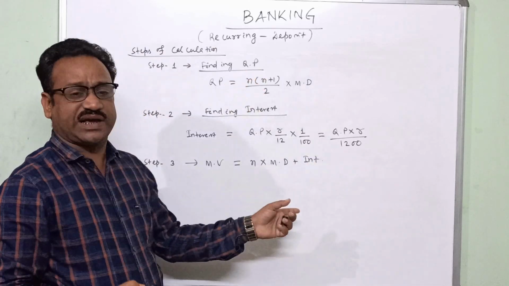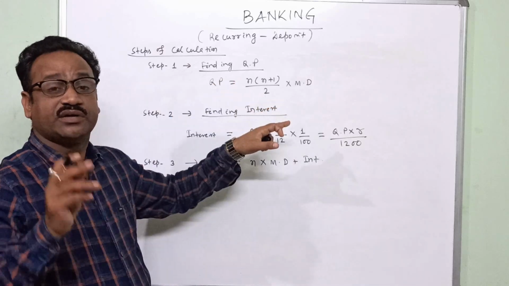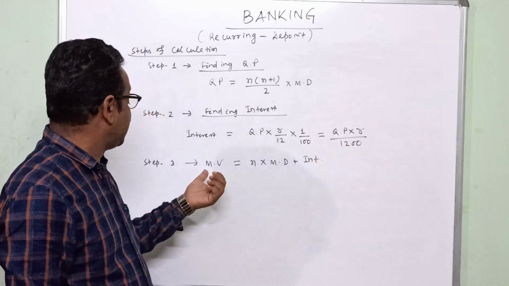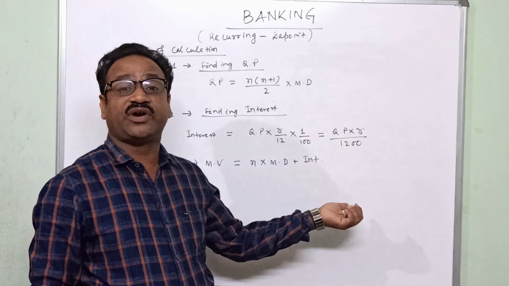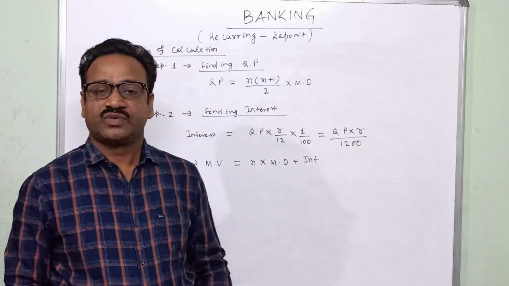In each step there is 1 mark. In step 1, finding QP, 1 mark will be awarded. Finding interest, another mark will be awarded. In finding maturity value, the third final mark is awarded, and the total mark of this question is 3.